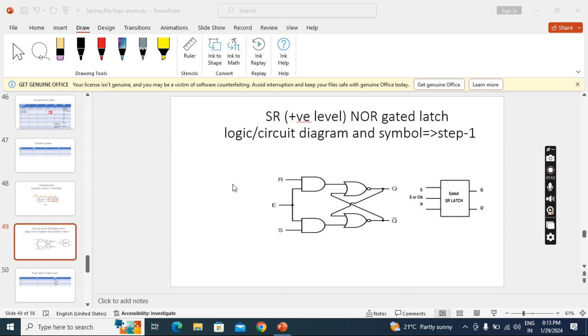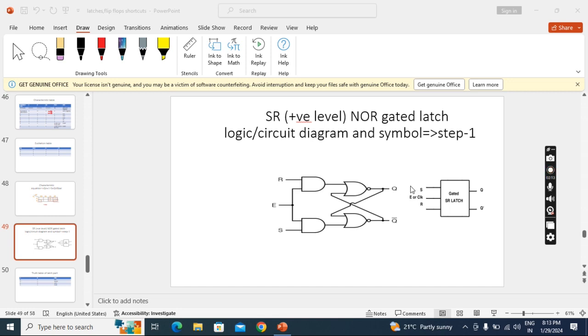But if we take non-gated NAND and NOR, they behave differently. The truth table will be different. That's the drawback there. Some more drawbacks also there with latches, I will discuss later.